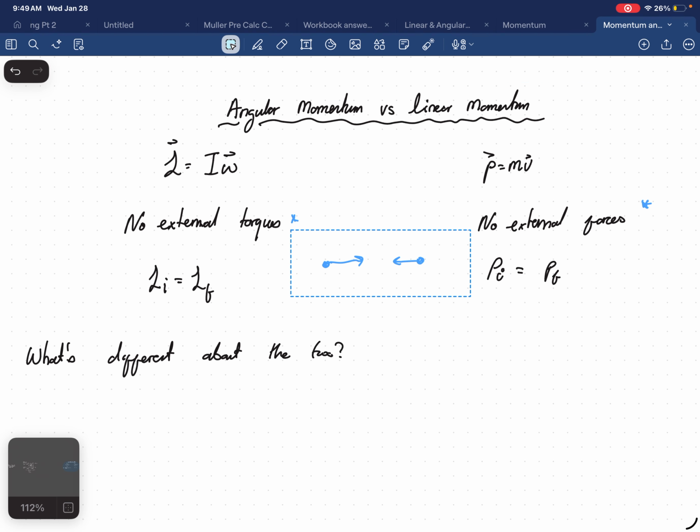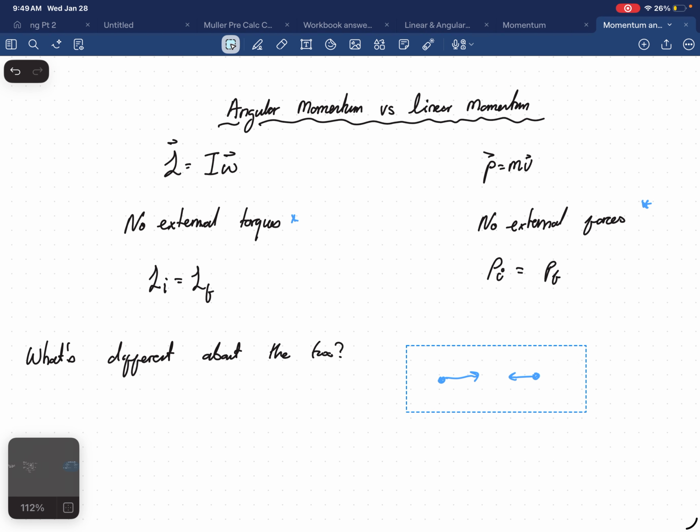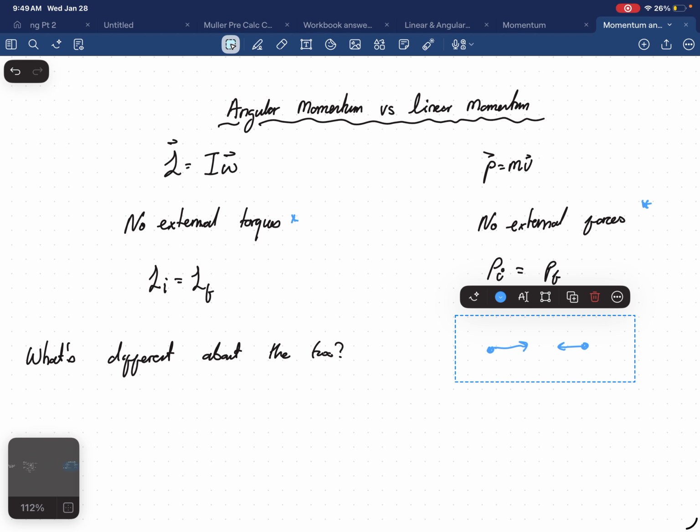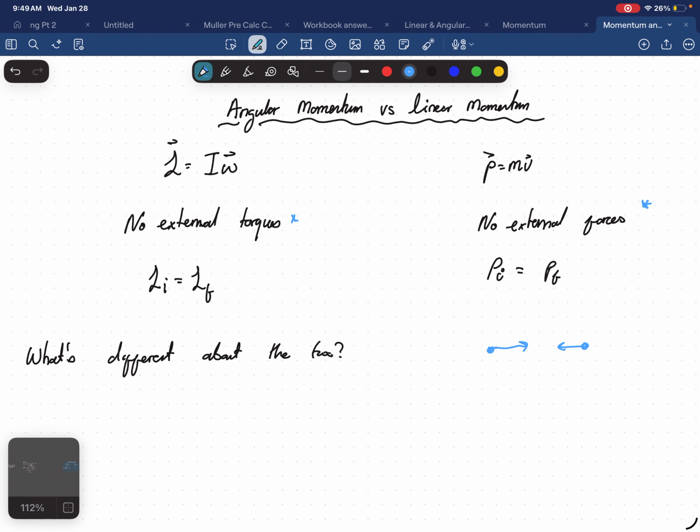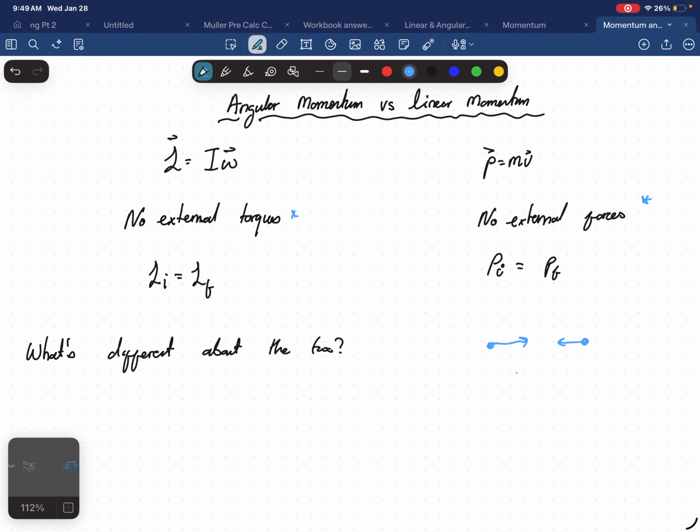If the whole system was moving at a constant velocity, that would be okay, and momentum would still be conserved, but most of the time the system is at rest. However, if the system is accelerating, there's an external force. Often you can say the acceleration of the center of mass of the system is 0.